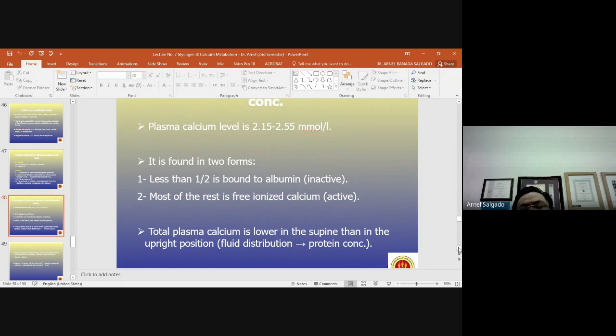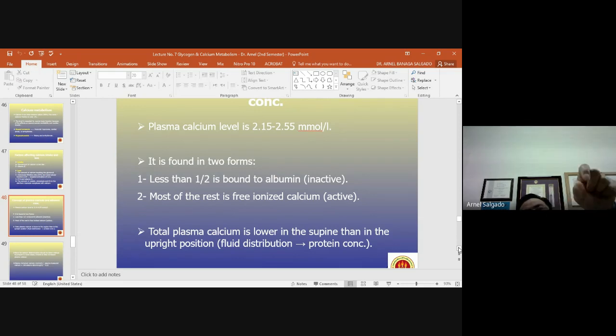Now the total plasma calcium is lower in the supine than in the upright position. You know why? That's the reason why, when you take a sample of blood, always take note, particularly if you're sampling blood from those who have problems with bones and we need to look into the calcium content.